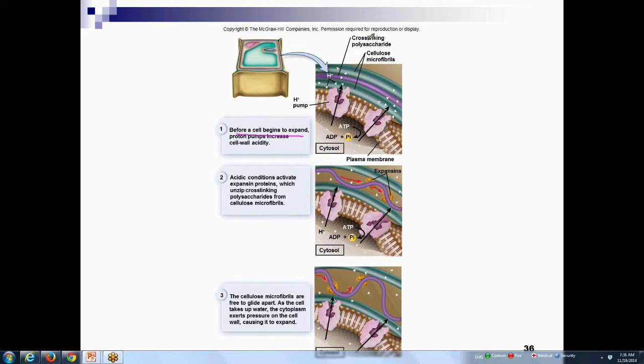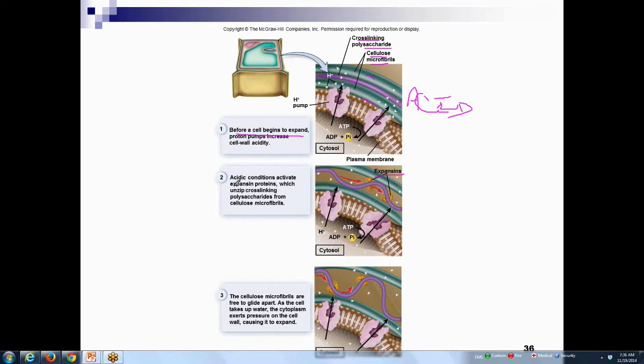And notice you have your cross-linking polysaccharide, right? That's what's sort of gluing your cellulose microfibrils together. So cellulose microfibrils are in green, your cross-linking polysaccharides are in purple. The hydrogen ions start to develop here, and that makes things become acidic. Yes, more hydrogen ions make things acidic, right? So we start getting acidic conditions here in the cell wall. And then the expansin proteins come in with that reduced pH, with that acid environment.